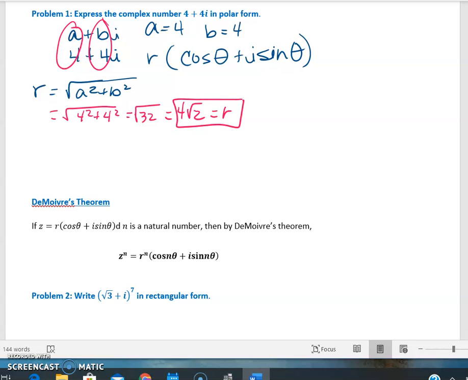And then a is greater than 0, so I'm going to use the form theta is equal to the tan inverse of b over a. So we've got the tan inverse of 4 over 4. So that's the tan inverse of 1.